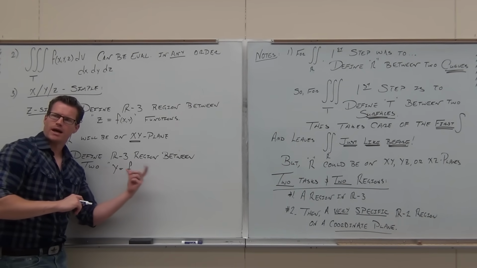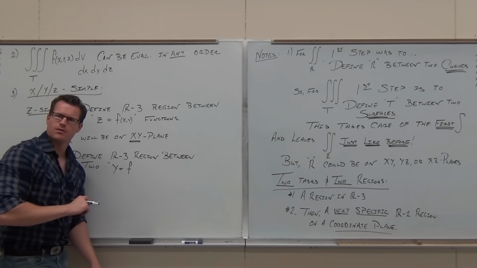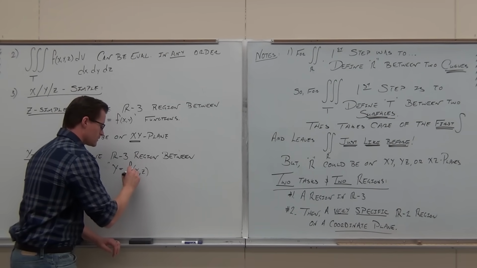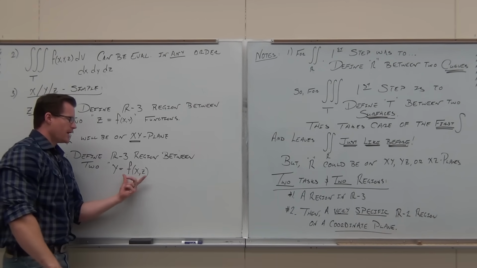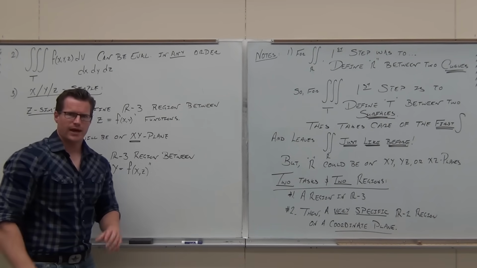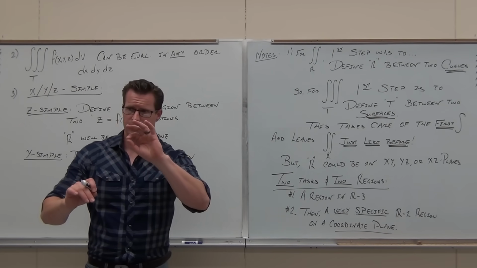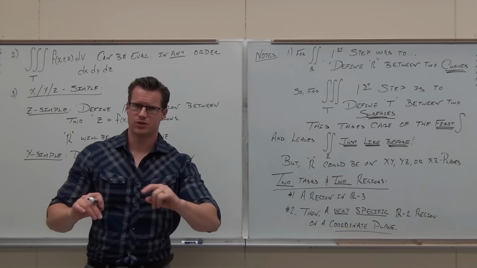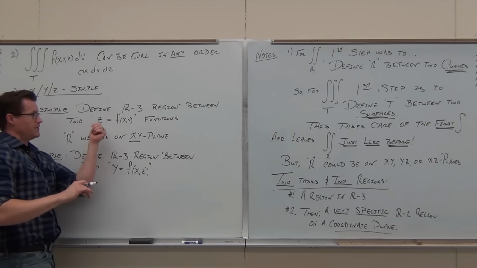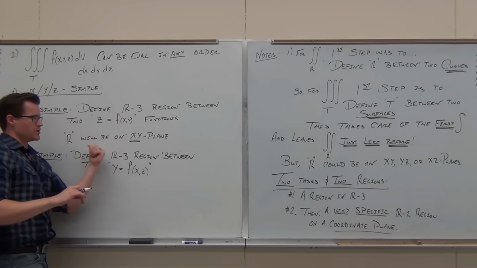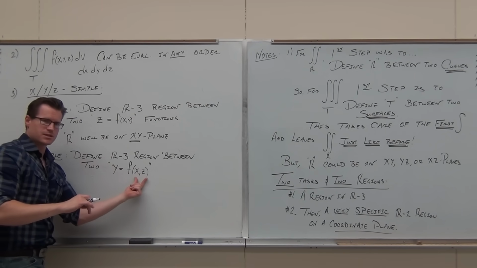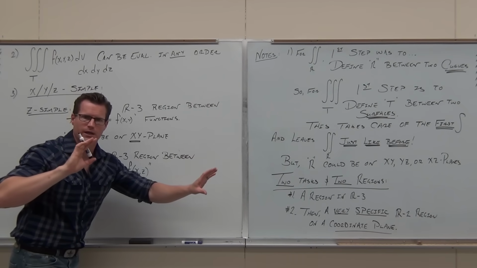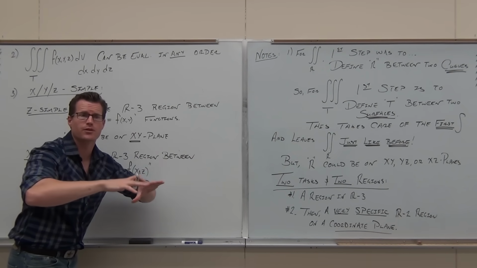Now wait a minute. If it's y equals, what other variables are going to be over here? After I deal with the R3 concept, I'm going to deal with a 2D region. What plane is that 2D region going to be on? This was on the XY plane for our region. This is going to be on the XZ plane. Whatever variable you do simple, you eliminate the variable. That's the whole point. Then we deal with a region on another coordinate plane.